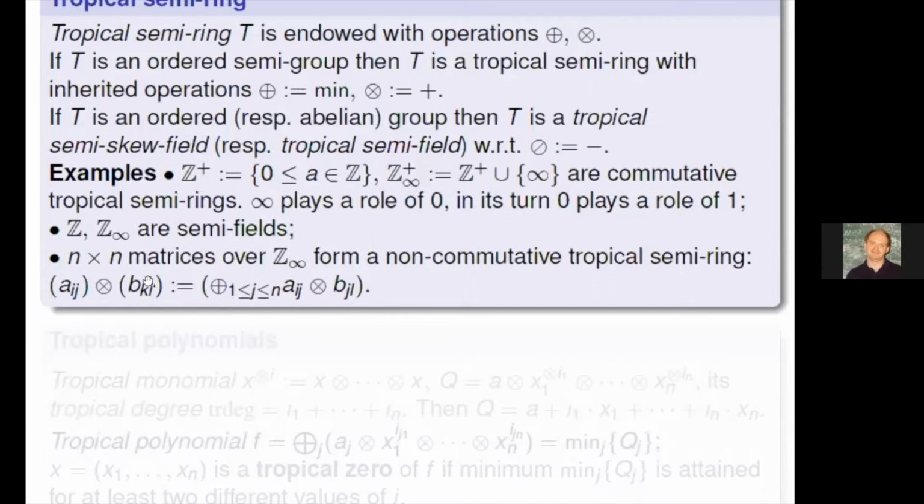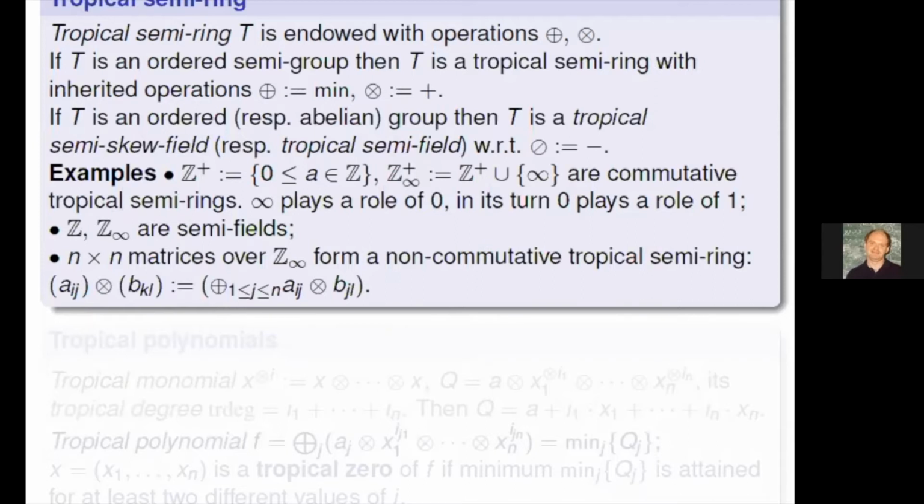Actually, any of them you can consider, with the multiplicative operation which mimics the usual operation of multiplying matrices. And this is non-commutative, clearly, as for classical matrices, and this is a tropical semi-ring.